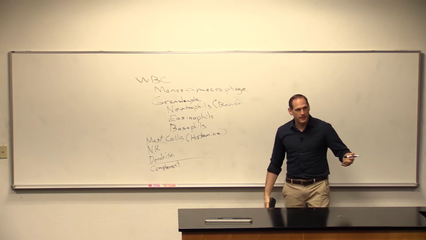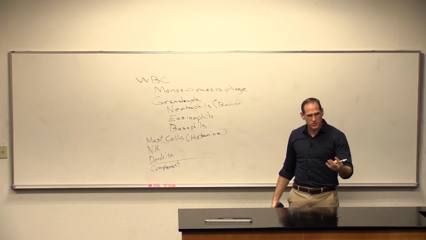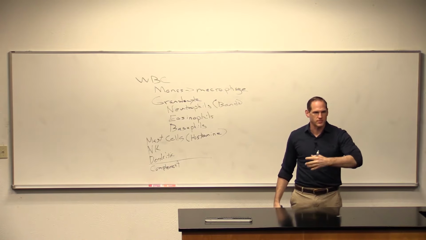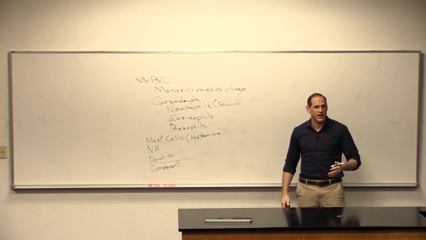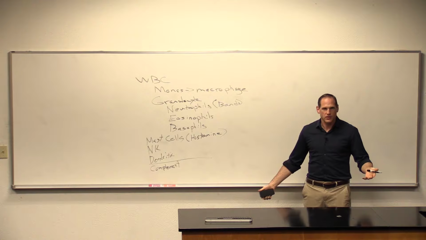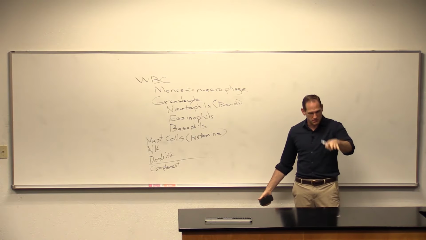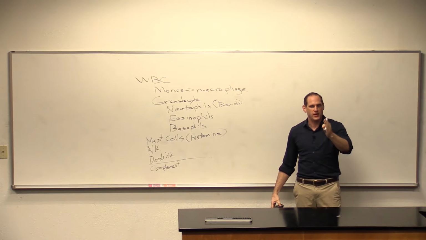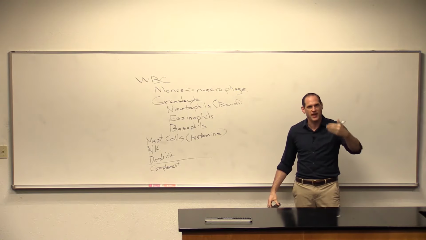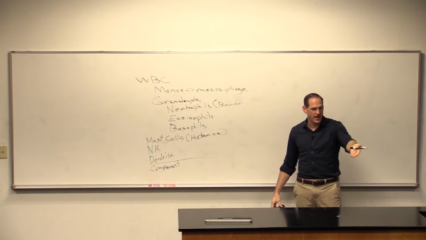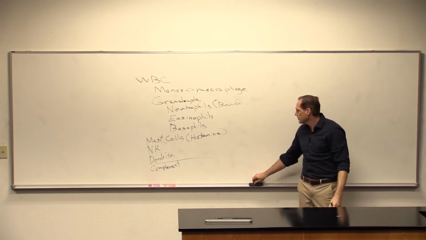The reason for that is because this is a very dangerous process, and it can cause an enormous amount of harm to whatever it attaches to. So you don't want it just randomly activating in your bloodstream. You really want it to be activated in a certain spot at a certain time. So that's why you have the safeguard of a series of enzymes that activate each other. That's called a cascade. In this case, the complement cascade.